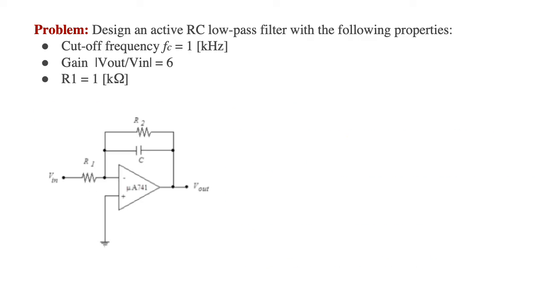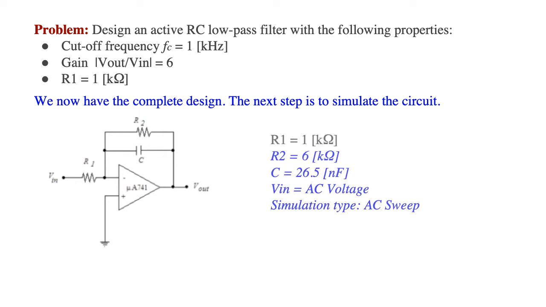Now that we have the correct circuit and the complete design with the complete parameters, the next step is to simulate the circuit. We were given R1, which is 1 kilo ohm. We figured out R2 and C based on the constraints that are given, which are the gain and the cutoff frequency.